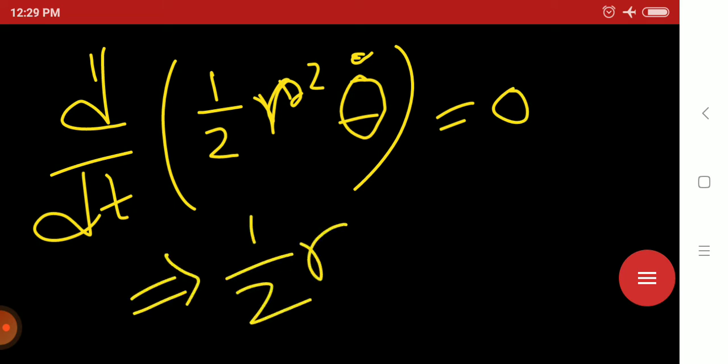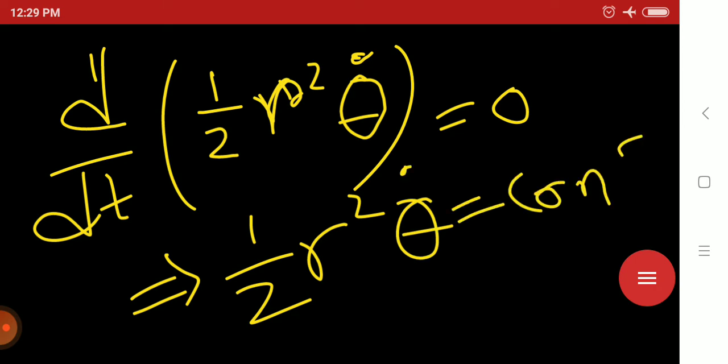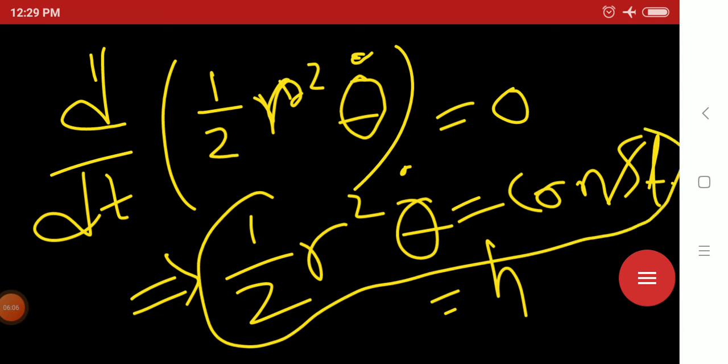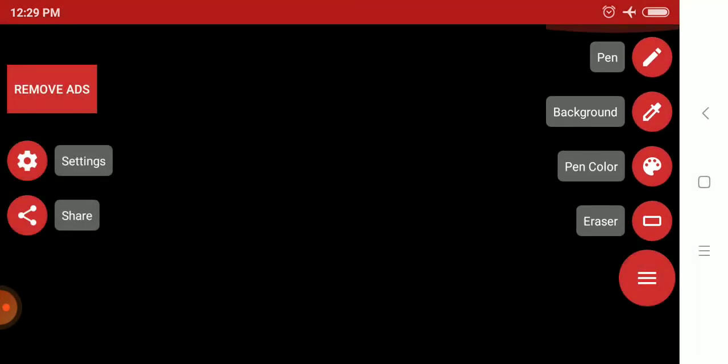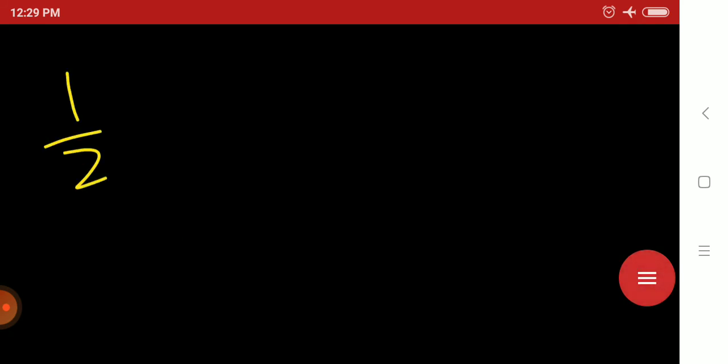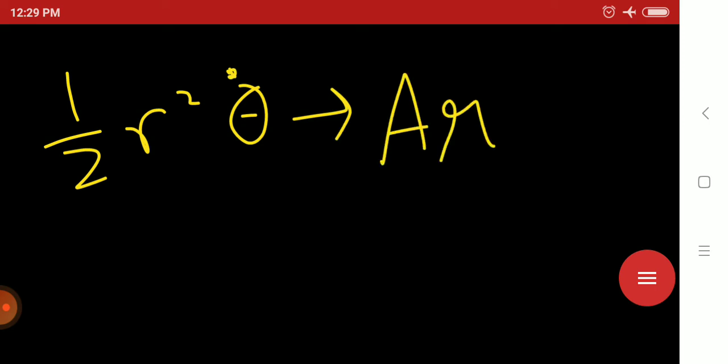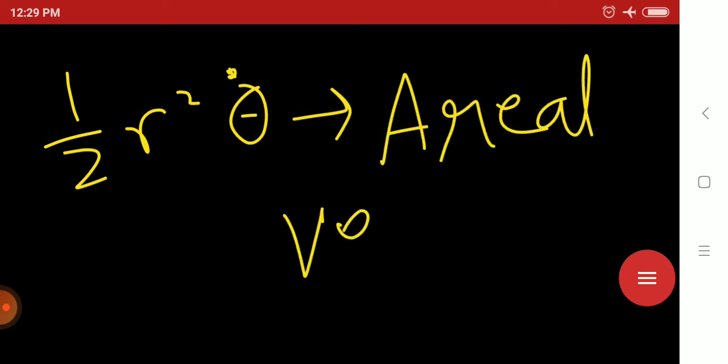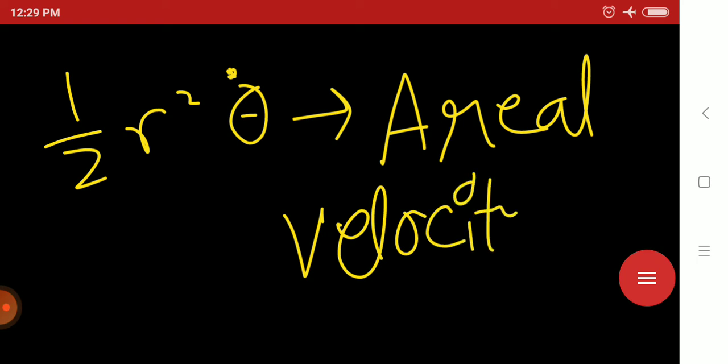So half r square theta dot is constant, which we can denote by h. Why have I put half here? Because half r square theta dot denotes the areal velocity. It's a very crucial term.